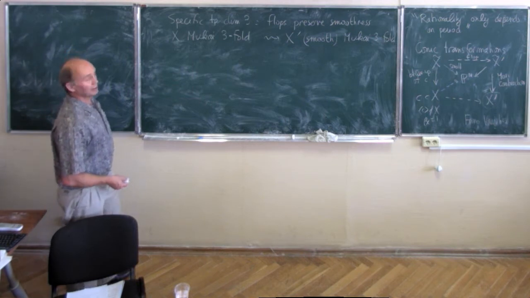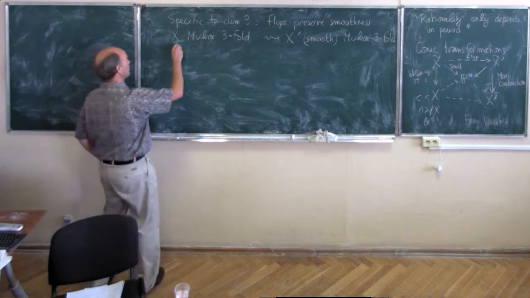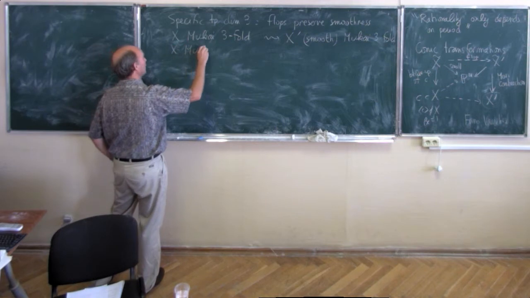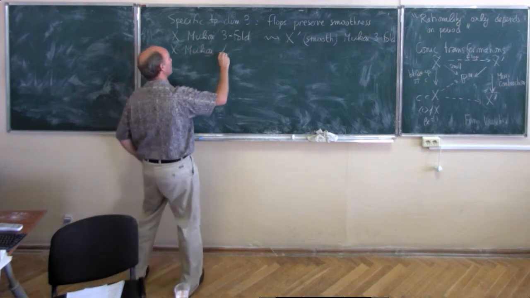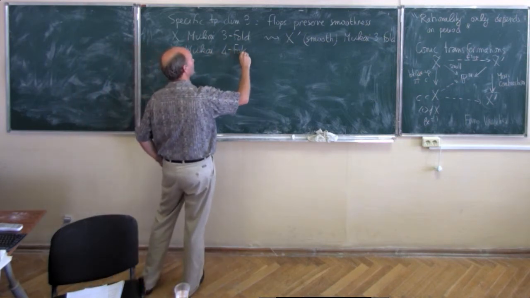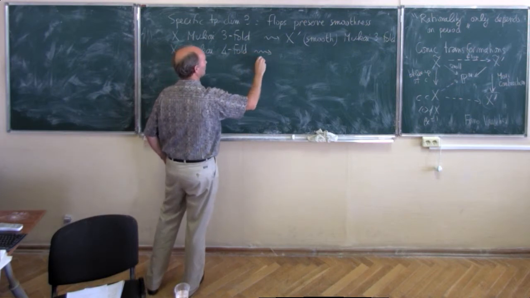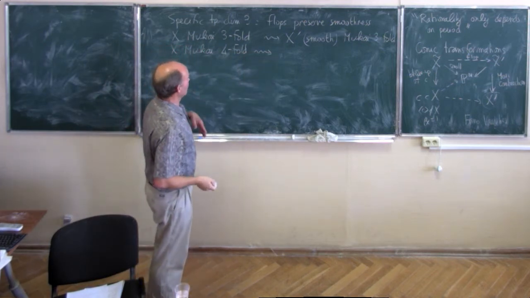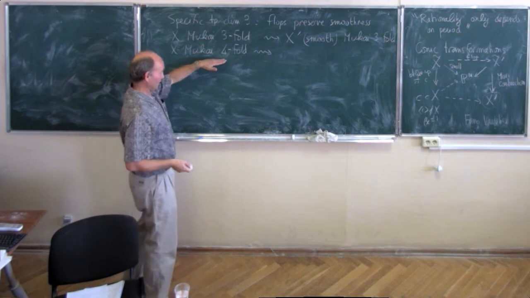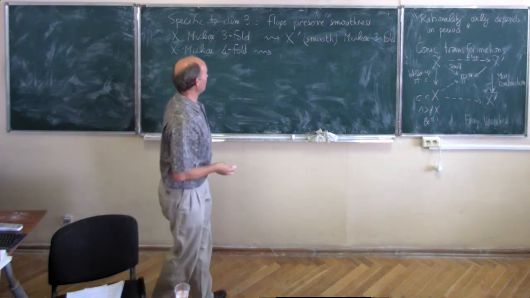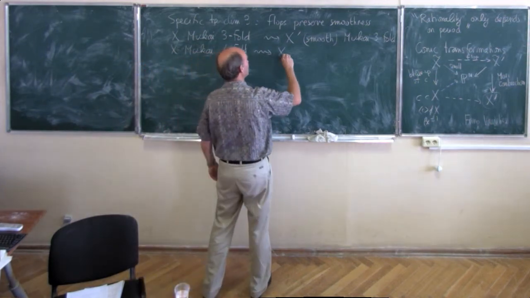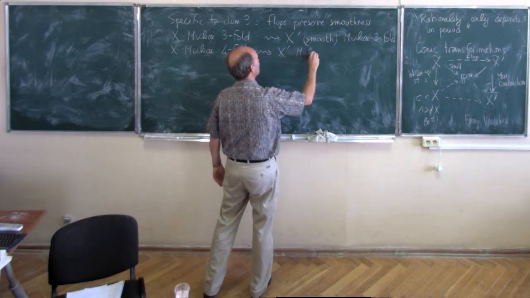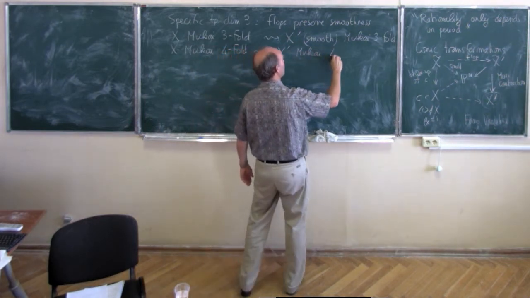So we can try to do the same in dimension 4. There are some technical problems. So one can show, using this, that the X prime is actually also a Mukai fourfold, but maybe singular.